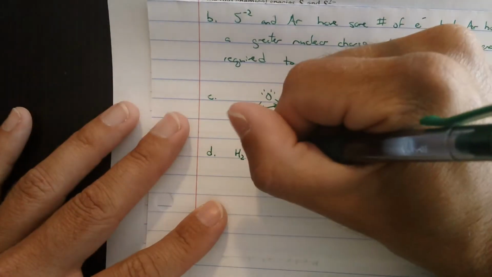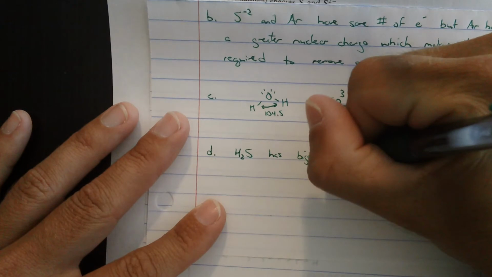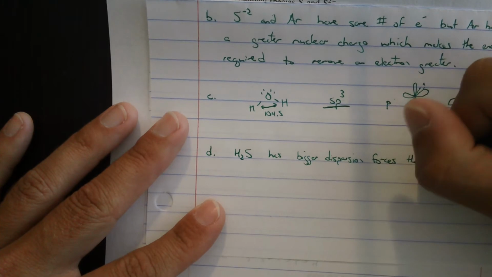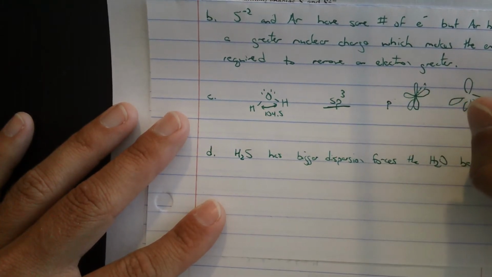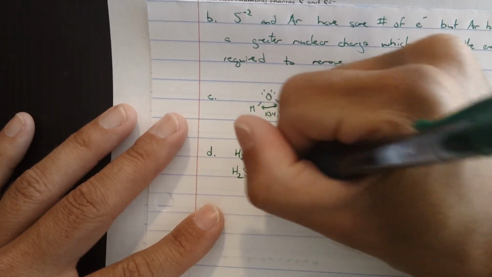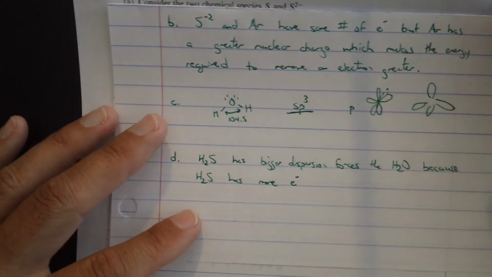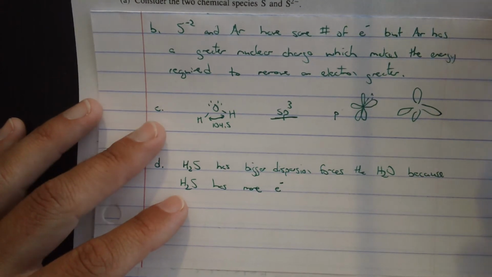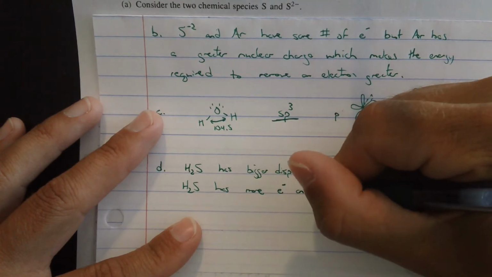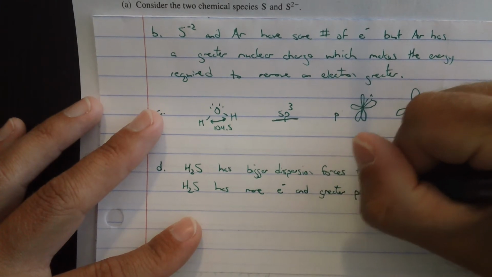So H2S has bigger dispersion forces than water because H2S has more electrons and greater polarizability.